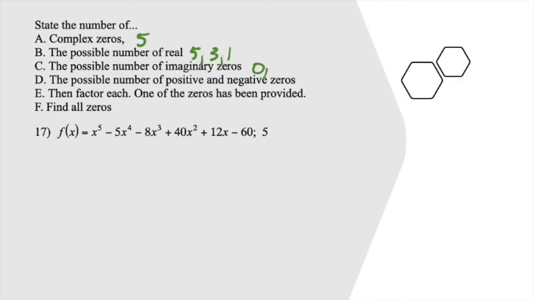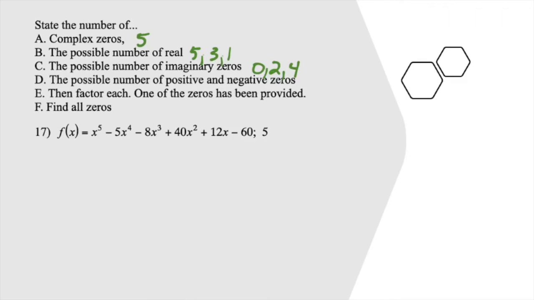If you had 3 reals, how many imaginaries? 2, because they have to add up. And then if you had 1 real, all the roots have to total 5. So if one of them is real, how many are imaginary? 4. I'm down on letter D.